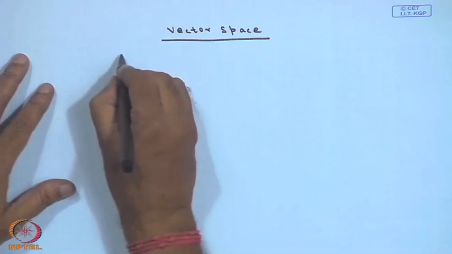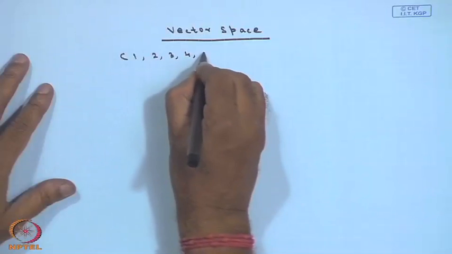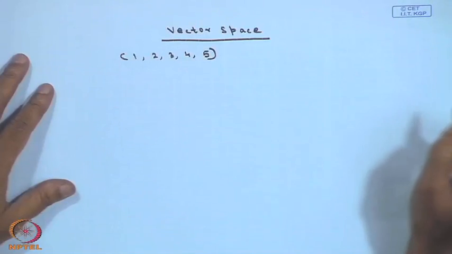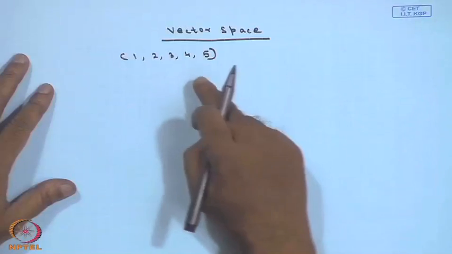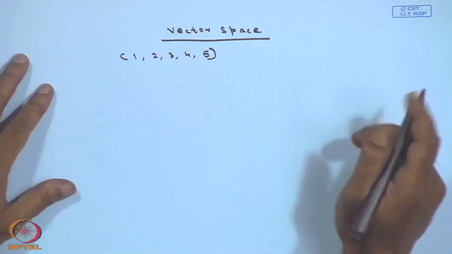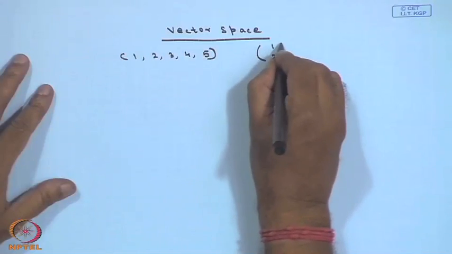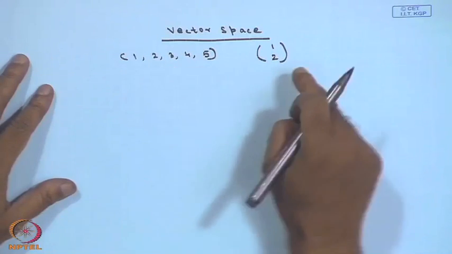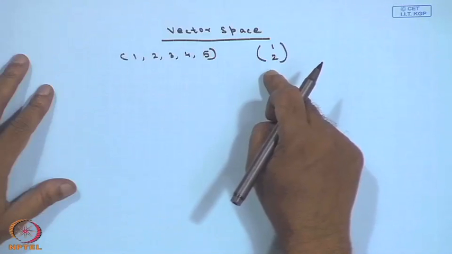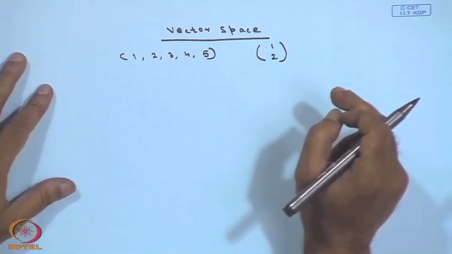If I write down something like this, we call it a vector of size n equals 5, or the number of components of this vector is 5. If you write something like this, then obviously this is a column vector, this one was the row vector, and this is a column vector of size 2, since it has 2 elements.